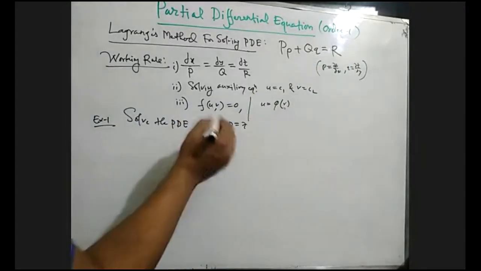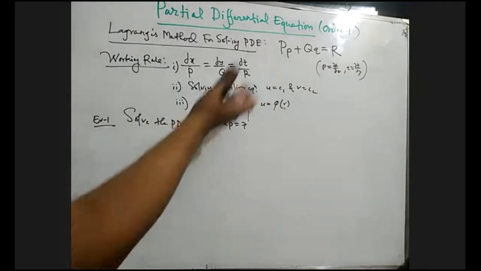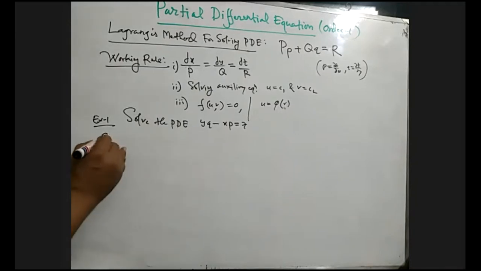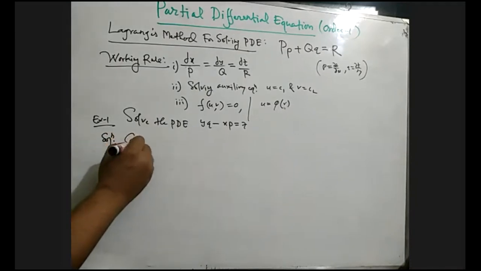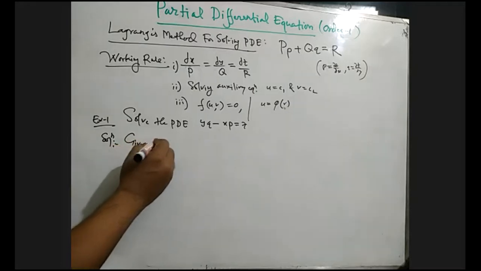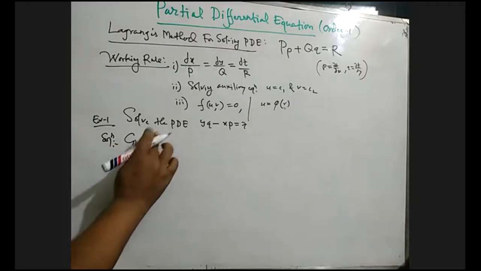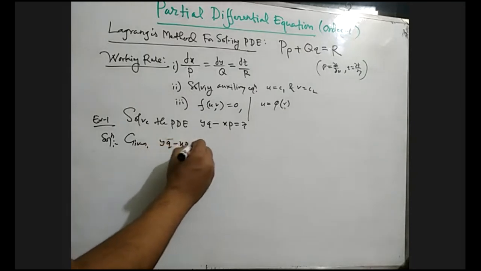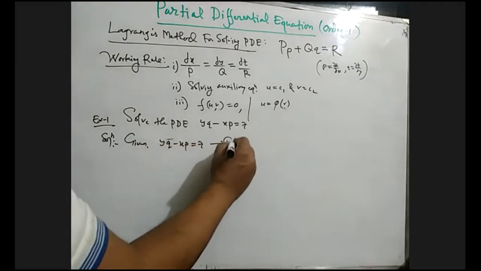So how to solve these types of problems? We can compare with this. Given equation will be yq minus xp equals z. This is equation number 1.